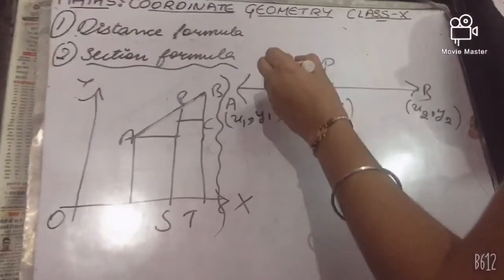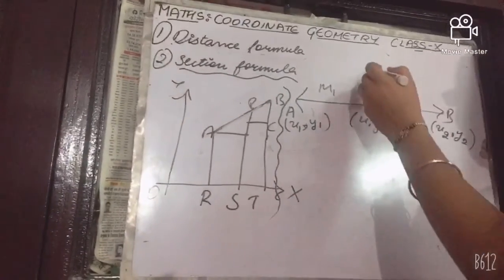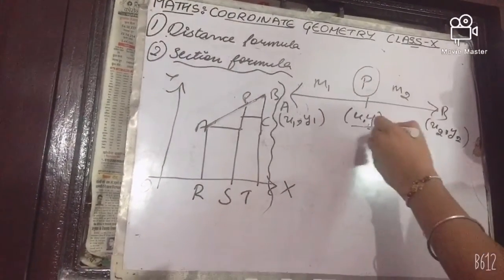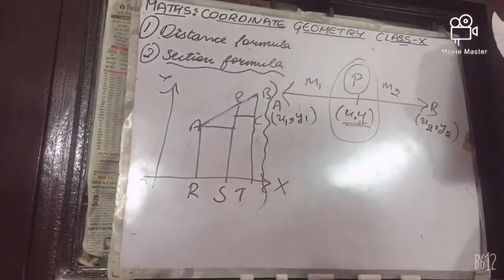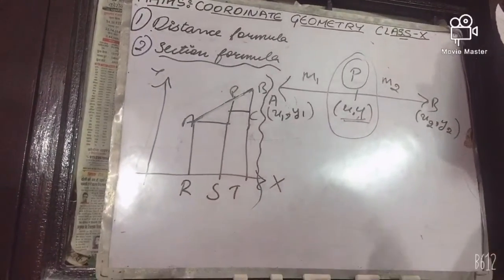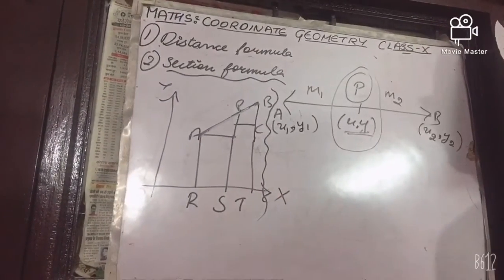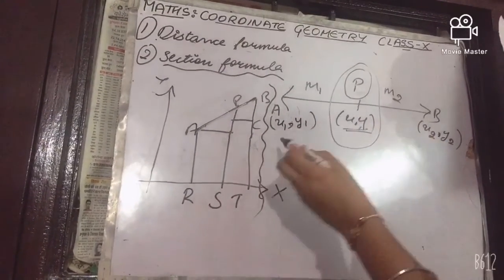Here this is m1, this is m2. So here we have to find the coordinates of this P. Here m1 and m2 are given as the ratio. So now what is the section formula? What is the formula of the derivation?